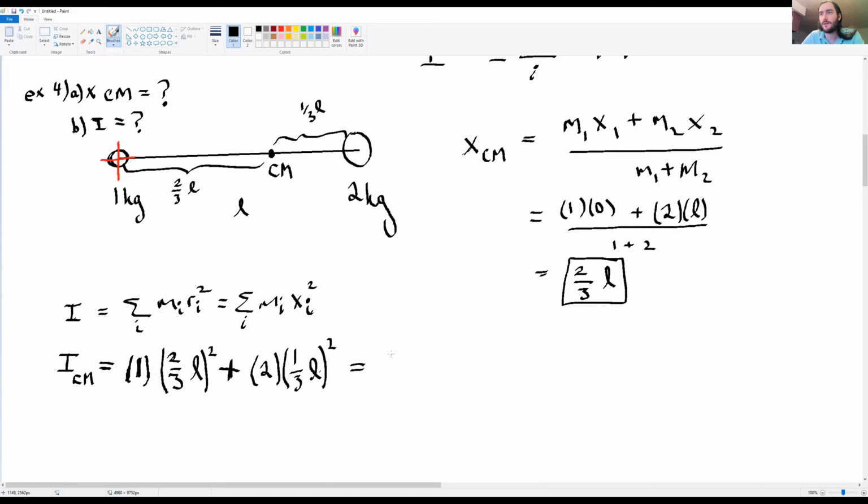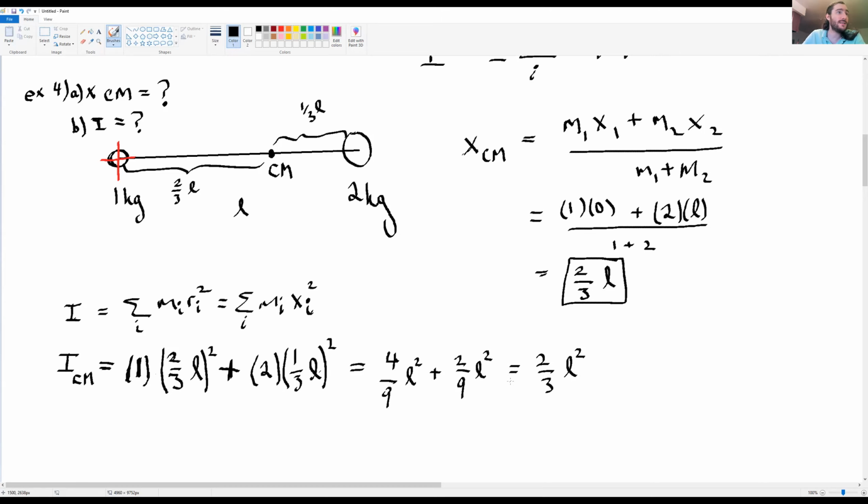So what we end up with is 4/9 L squared plus 2 times 1/9, so 2/9 L squared. And so this comes out to 6/9 or 2/3 L squared.